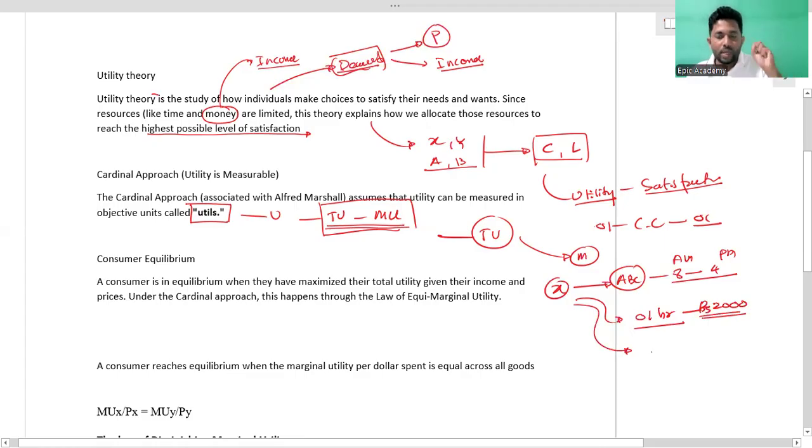He already measured all the sacrificing activities he has to do. Because of that additional hour, he has to sacrifice many things. The value of all those sacrifices, he identified, is about 5,000 rupees. So to earn 2,000 rupees, this man sacrificed 5,000 rupees.